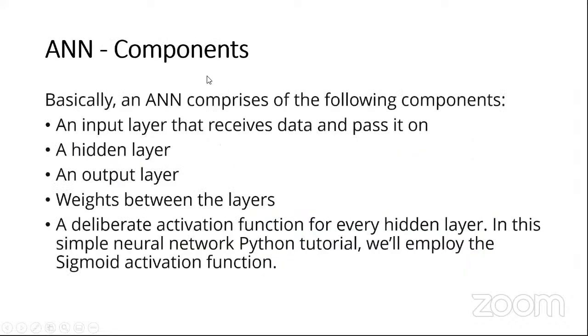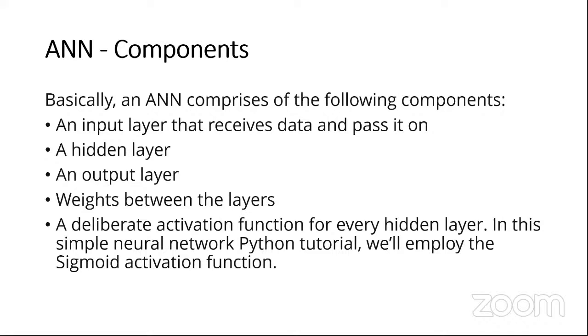Next is about the components of ANN. We have input layer, hidden layer, output layer, weights, and activation function. In the input layer, we get the inputs. In the output layer, we get the output. The functions happen in the hidden layers.